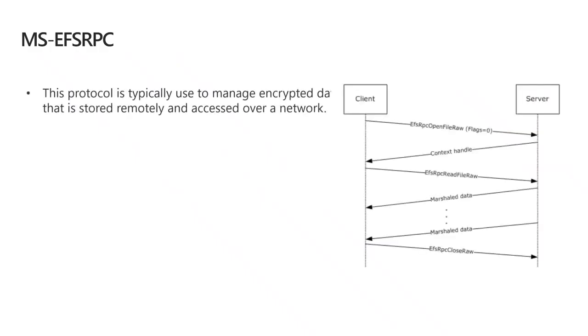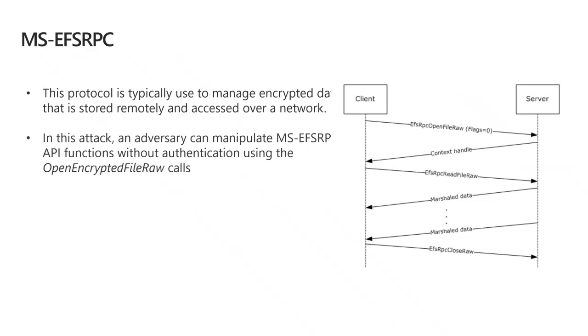So first, let's try and understand the first leg of this attack. There was a vulnerability in the Encrypting File System protocol, which is usually used to access files remotely. Basically, you are asking a remote server to get access over a call that opens the encrypted file and processes it, and it does that without authentication.